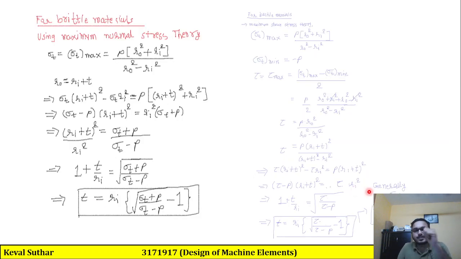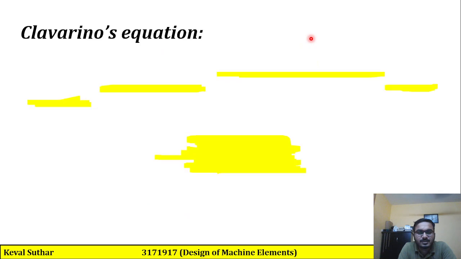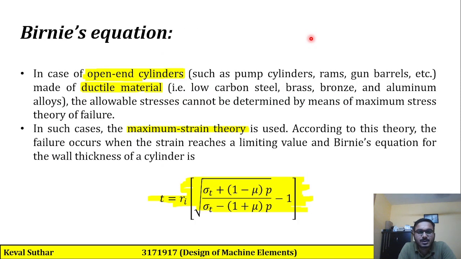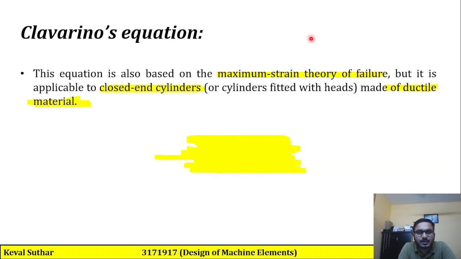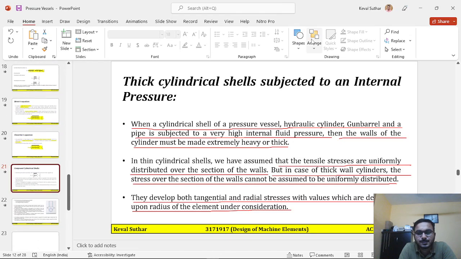After that we obtained the thickness for the brittle material using the maximum normal stress theory, and the thickness for the ductile materials using the maximum shear stress theory. So these are the final equations that we have arrived. And then we saw the Bernoulli's equation and Claverino's equation. So that is the end of today's lecture.